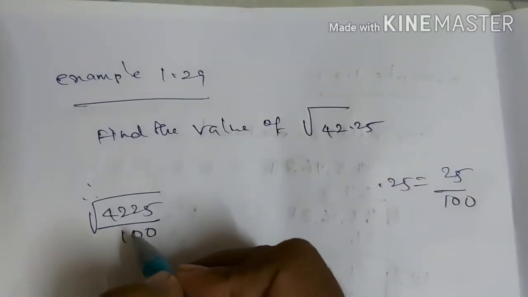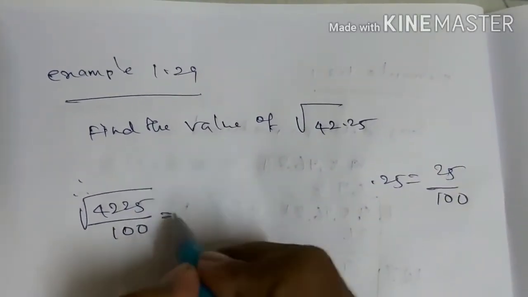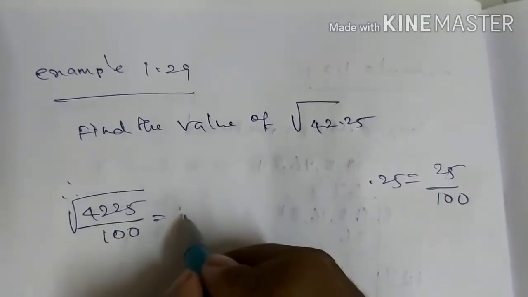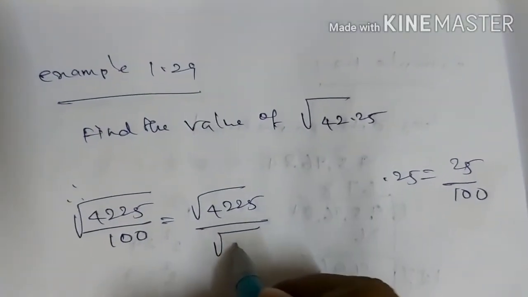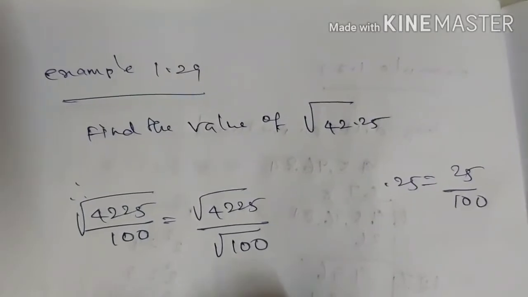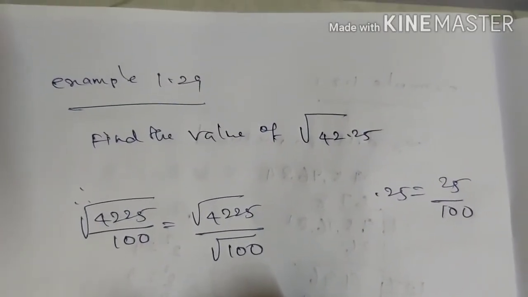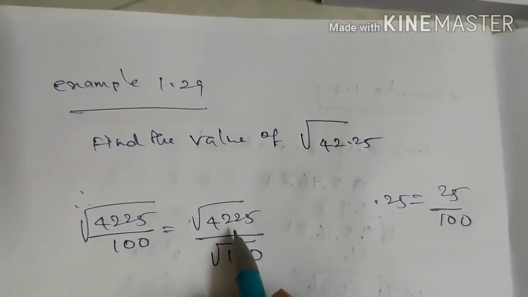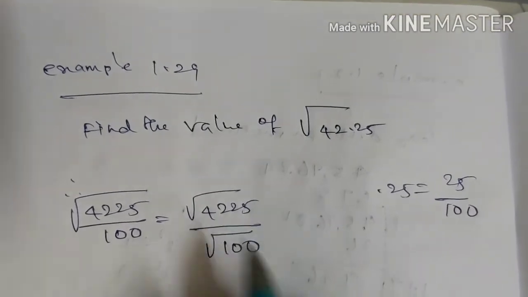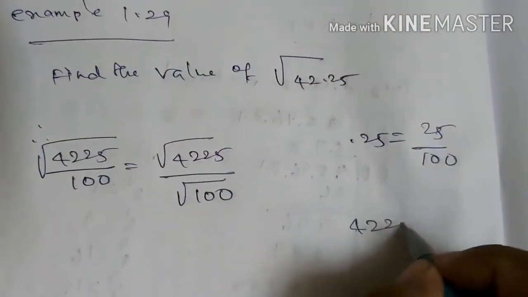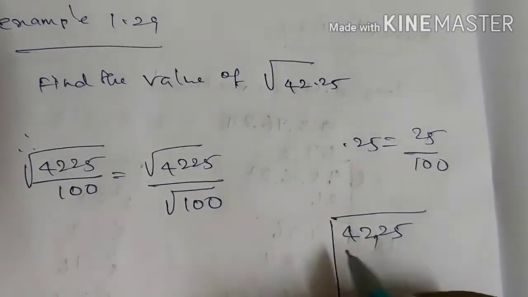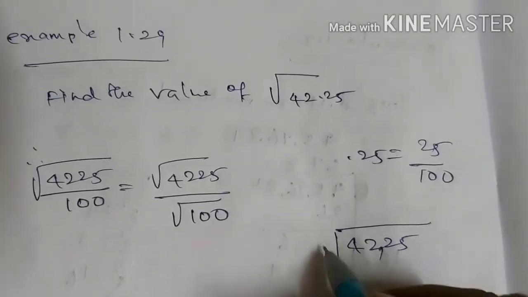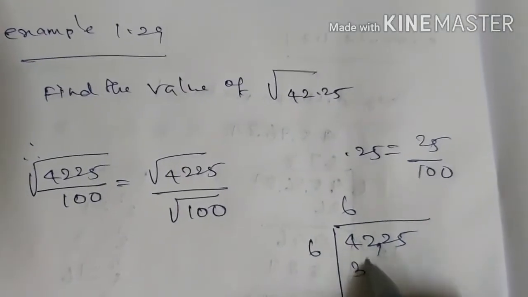So take 4225 and write it separately: the square root of 4225 by the square root of 100. So take 4225 by the long division method, segregating the two numbers. So 42: 6 times only, 6 sixes are 36, remaining value 6.